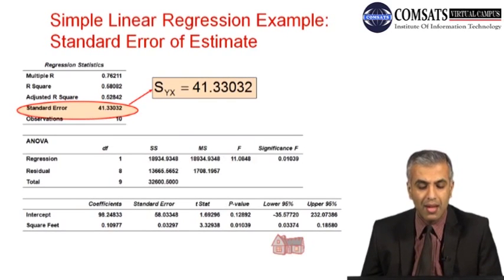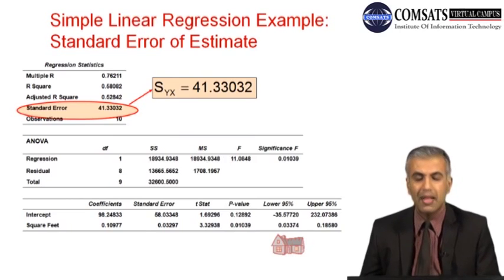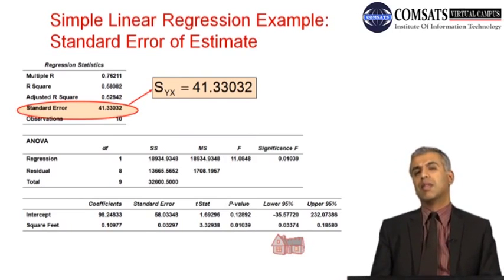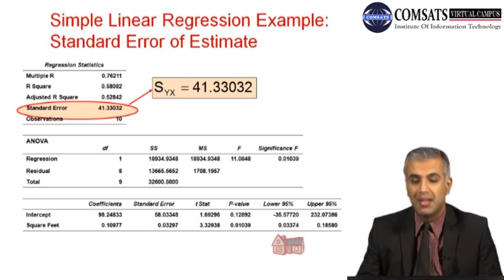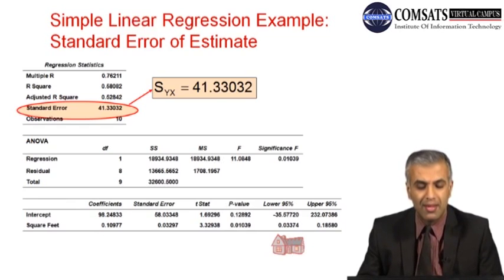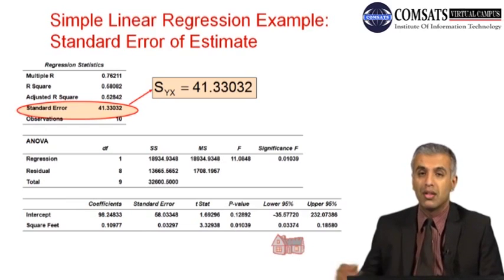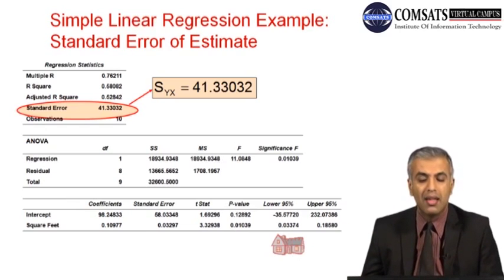Then we discussed how it is displayed in the results, and again we discussed that the standard error must be compared with the range of the values of the independent variable, and when compared with that, it can be decided whether this value is small or large, and then the verdict regarding that decision can be passed.